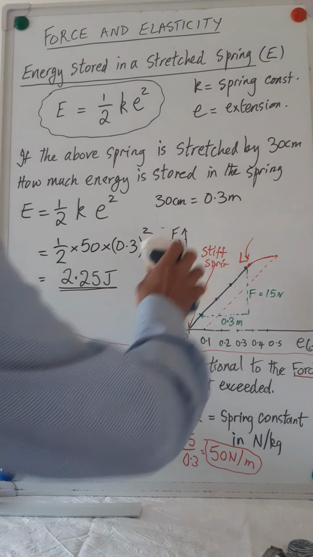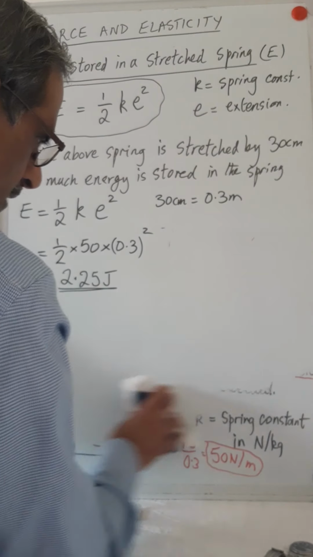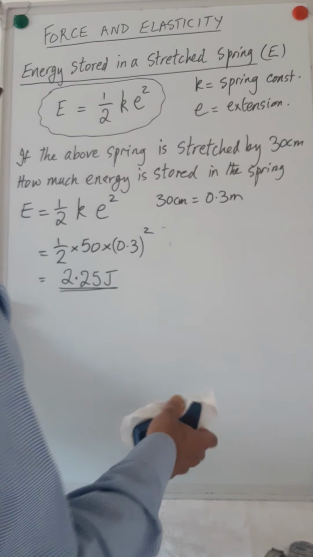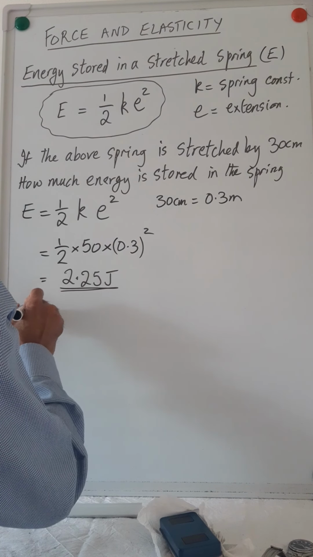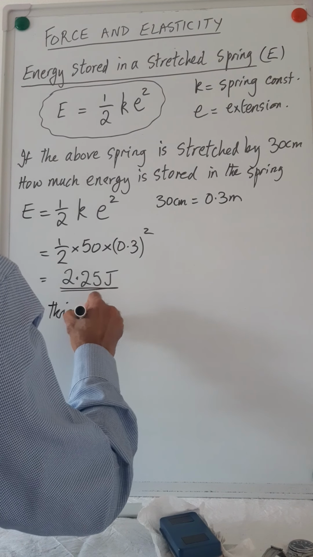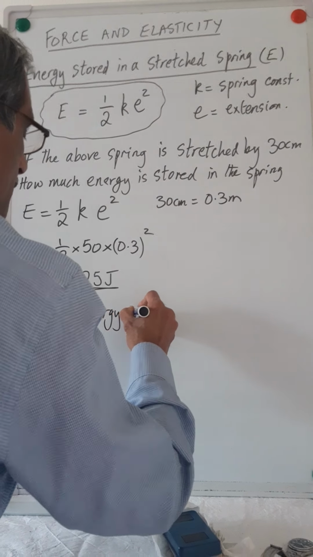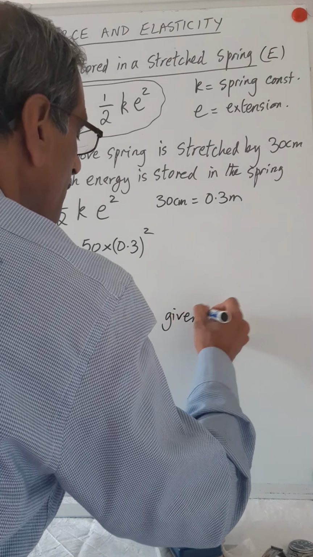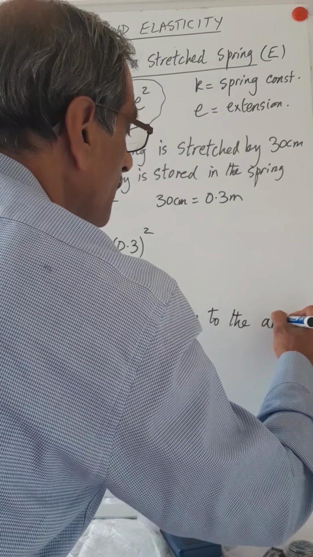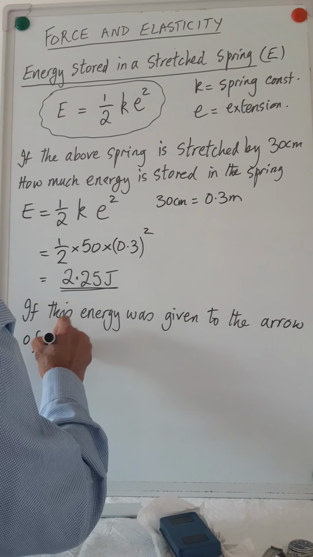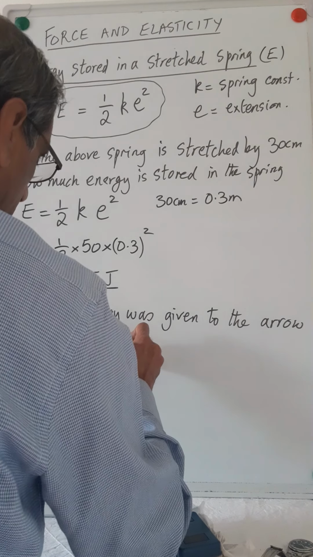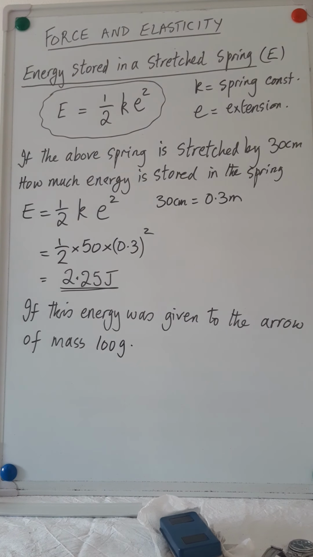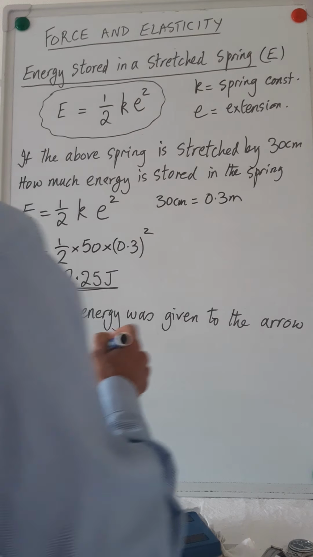We can work out, if this energy was given to the arrow of mass 100 grams, what will be the velocity of the arrow?